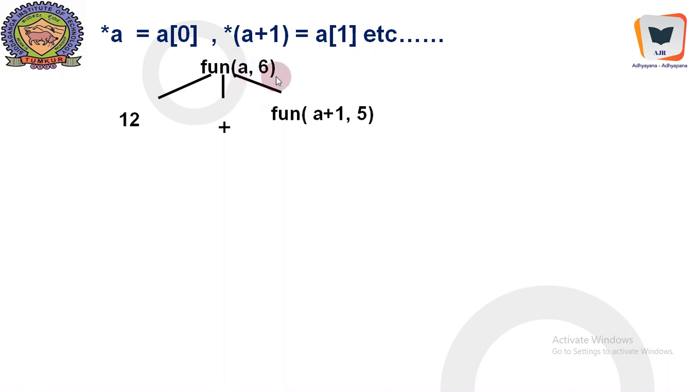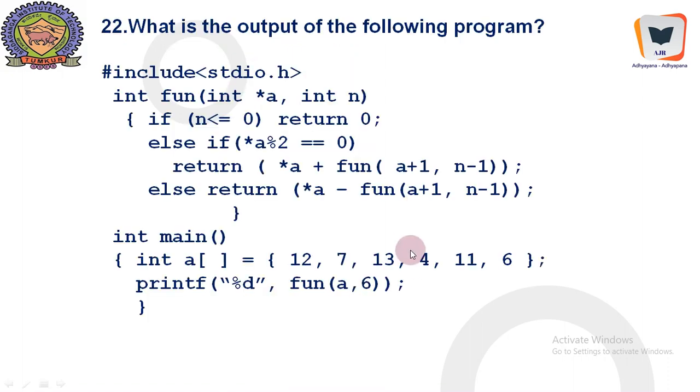So function a comma 6, what happens? If n is less than or equal to 0, no, it doesn't apply. n is 6. Else if star a mod 2 equal to 0, star a is this only, 12 mod 2, definitely it is equal to 0.